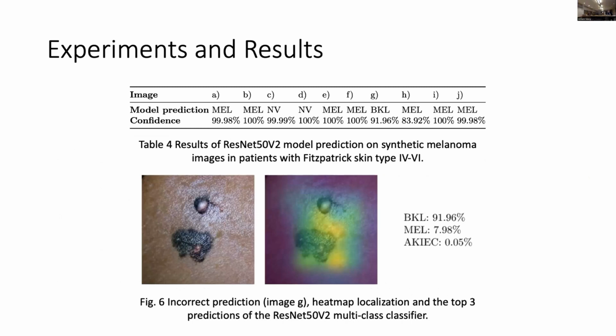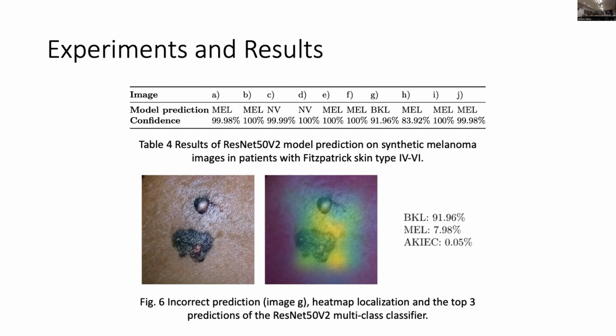Despite the limited knowledge of the target domain, the model classified 7 synthetic images of Fitzpatrick skin type 4 to 6 patients as melanoma and 2 images as high-risk melanocytic nevus, shown in table 4. In only one case, the model predicted the skin lesion as benign keratosis with high confidence probability.